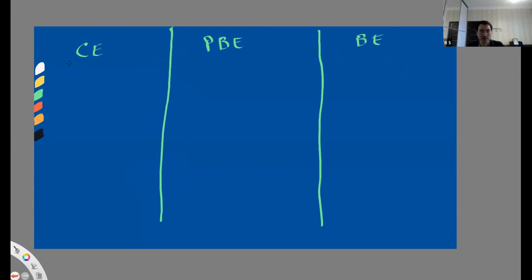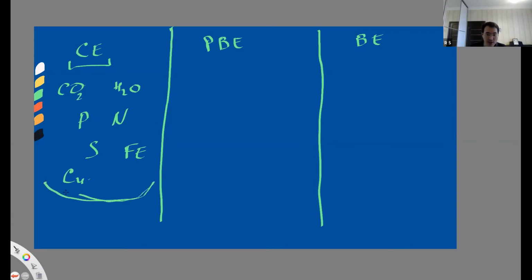During the chemical evolution, we had only floating elements inside this primary ocean, everything very simple: CO2, H2O, phosphorus, nitrogen, everything else like sulfur, ferrum, cuprum. Everything was floating inside this primary ocean.